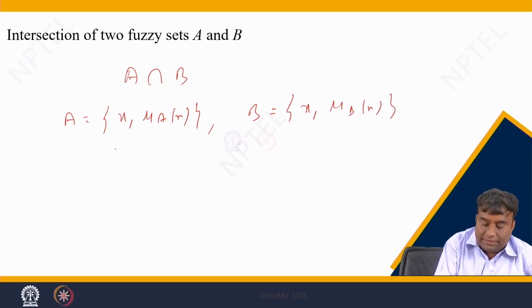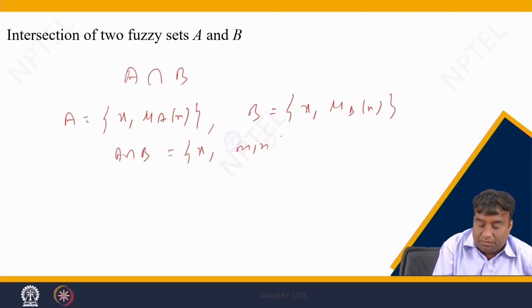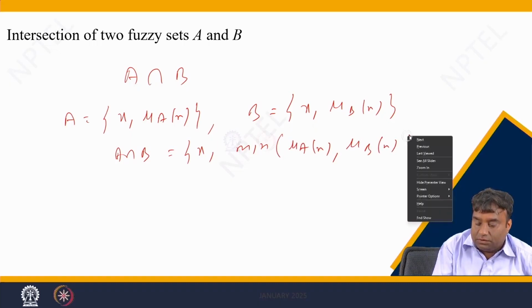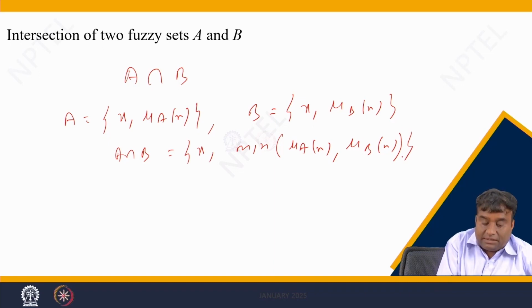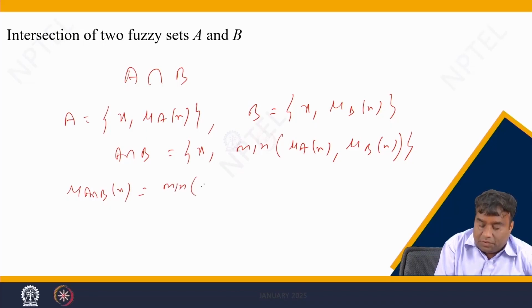So A intersection B is also a fuzzy set, where the membership comes from the minimum of mu A(x) and mu B(x). So you can write that the membership function of A intersection B(x) is the minimum of mu A(x) and mu B(x).